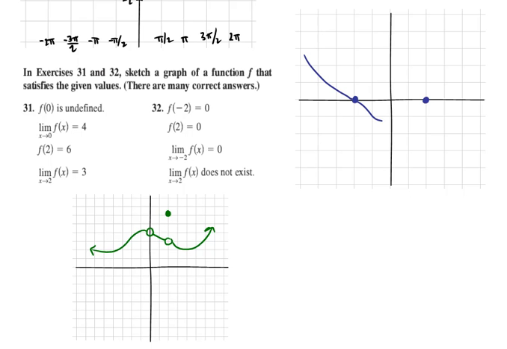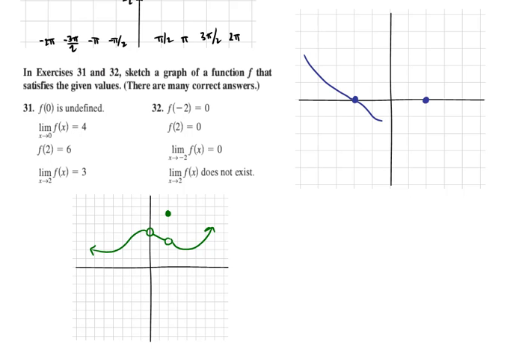The only other thing we know is that the limit as x approaches 2 doesn't exist. So I could choose to do that in a number of ways. I could have unbounded behavior there, or I could have differing behavior from the left and the right. It might just be easiest for me to try differing behavior from the left and the right.